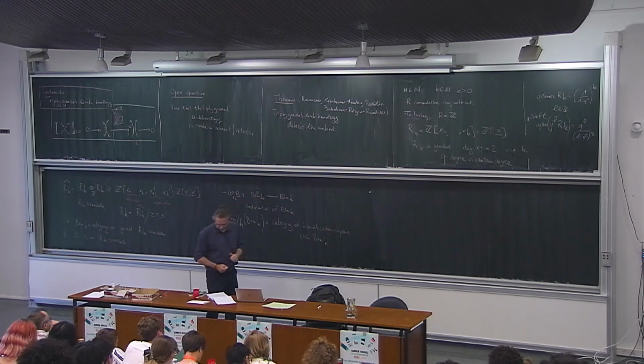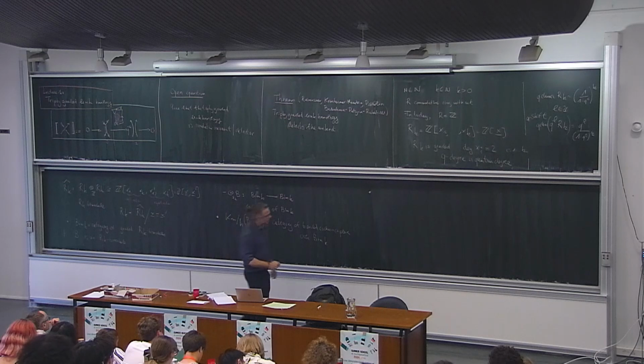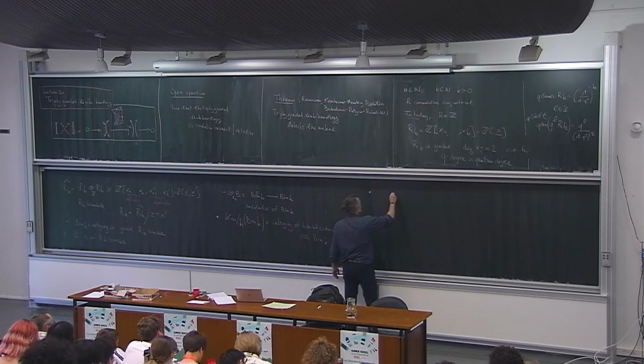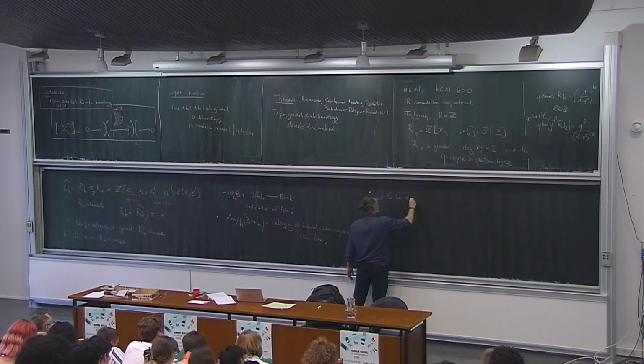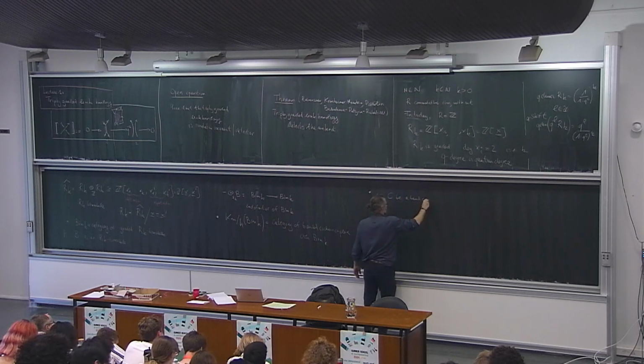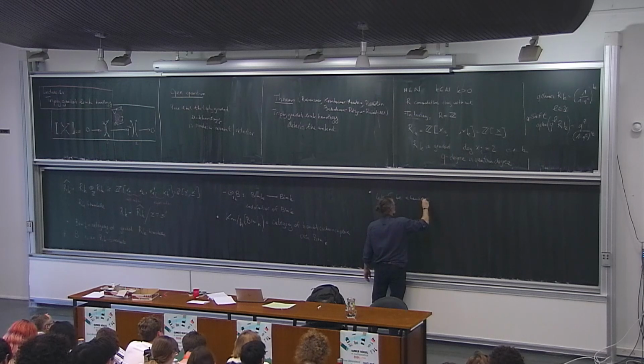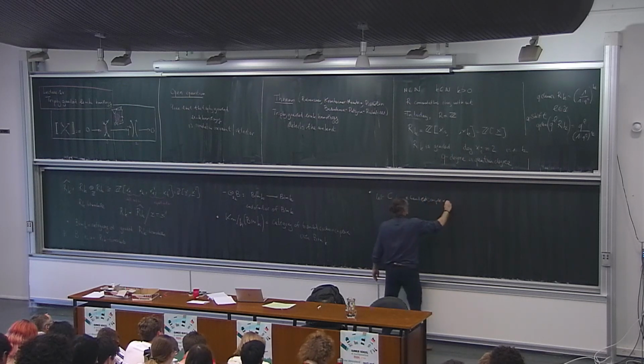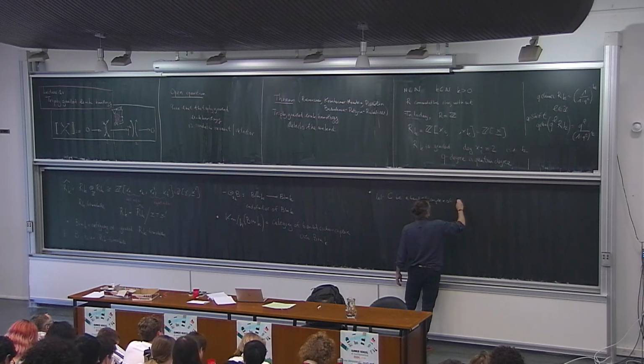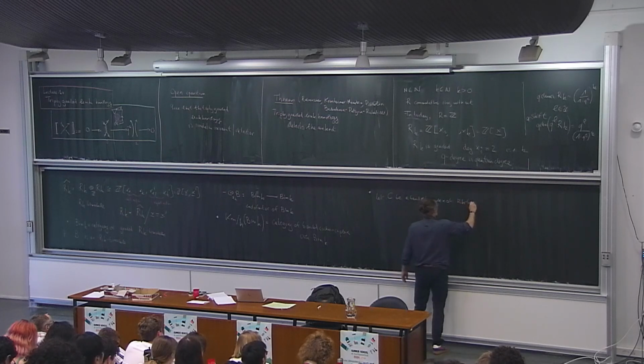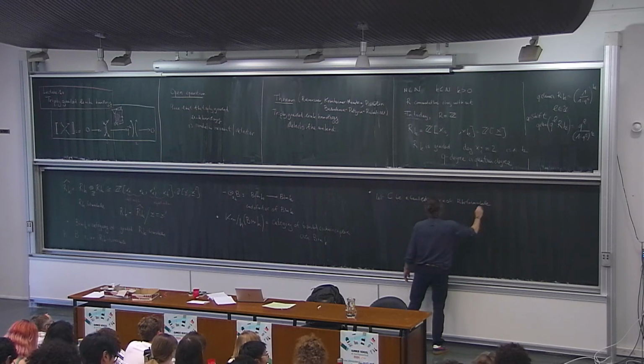Okay, very good. So let C be a bounded complex of RK bimodules.